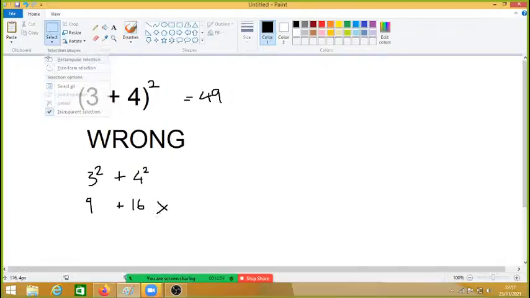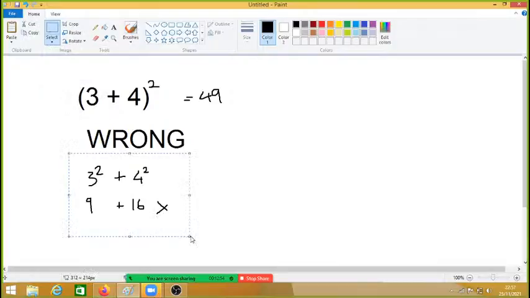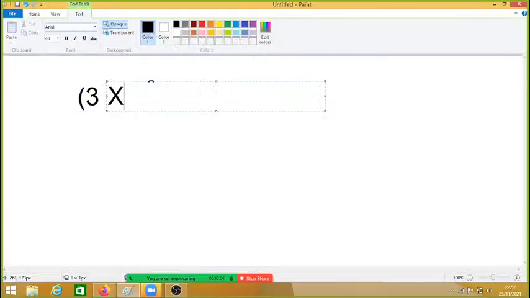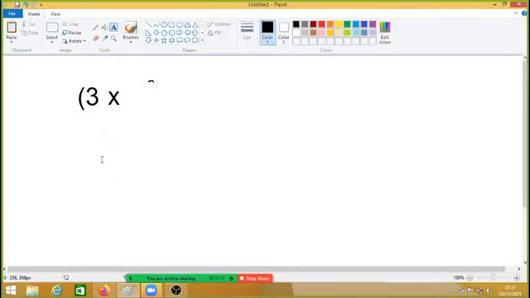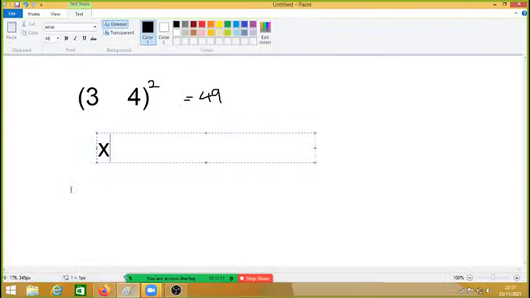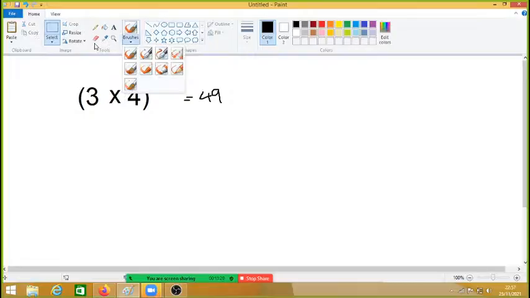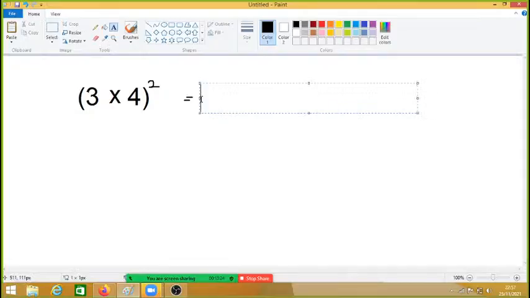But we can use that method if there was a times sign in between or a divide, then it would work. So if there was a times sign in between, then 3 times 4 is 12, and 12 squared is 144.